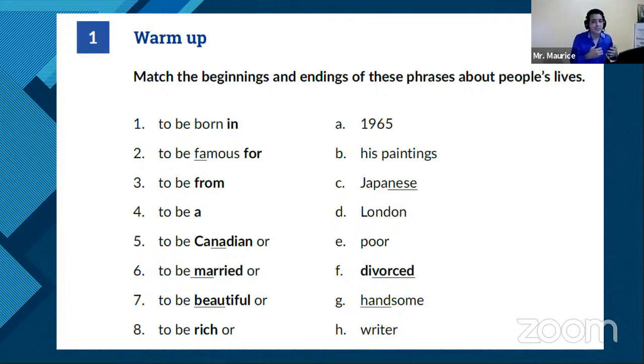Number one, to be born in. As you can see, all these exercises are about the verb to be. So you're going to match them up. For this activity, guys, you will have 2 minutes. Match them up, please. 2 minutes.